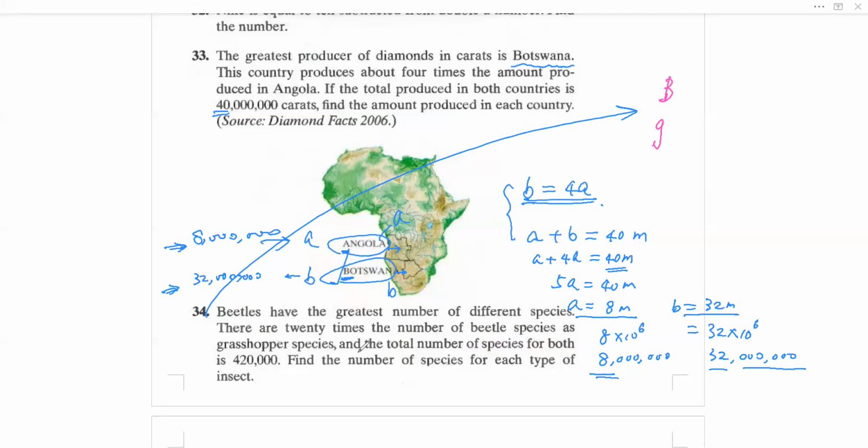So it means what? Let me see this. Did you guys list here? Beetles have the greatest number of different species. There are 20 times the number of beetle species as grasshopper species.